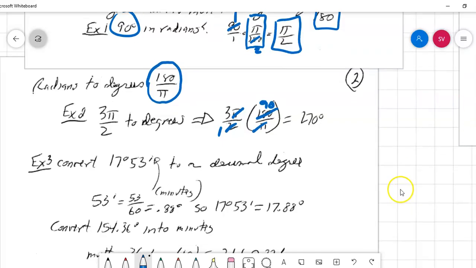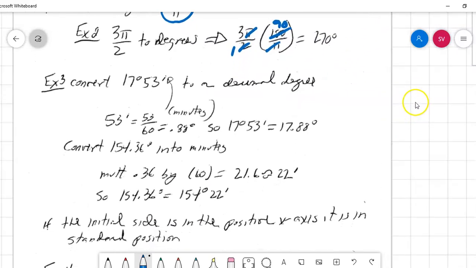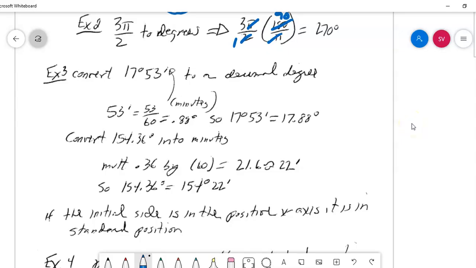Now let's look at converting from degrees and minutes to decimal degrees. Well, this is all based off of a clock, okay, where if you have minutes, that's what this is. If I want to convert it to a decimal degree, there's 60 minutes in 1 hour.